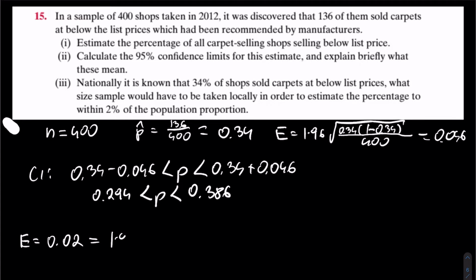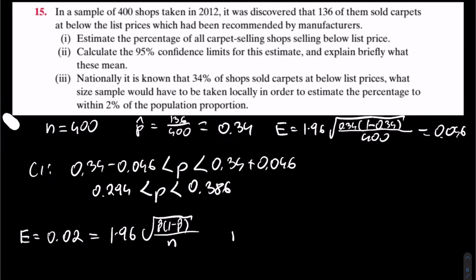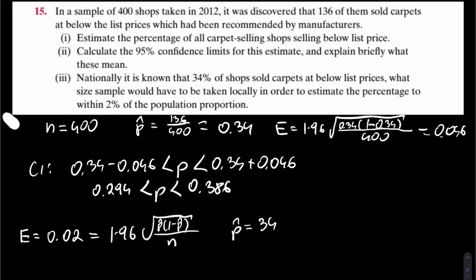So that's what my margin of error is, equal to 0.02, but I also know that this is equal to 1.96 times the root of p hat multiplied by 1 minus p hat, divided by n. In this case, I'm going to say that p hat again is equal to 0.34.